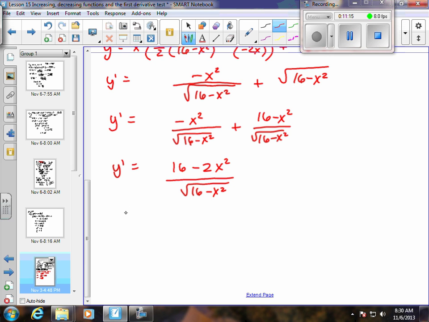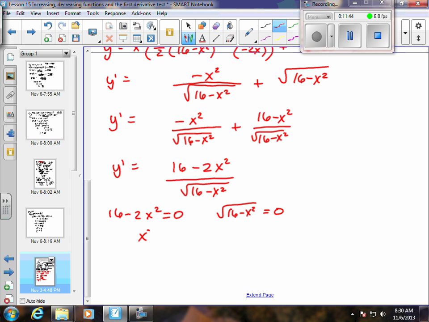To find the critical points, I determine where the derivative is 0 by setting the numerator equal to 0. I determine where the derivative is undefined by setting the denominator equal to 0. Solving the first part, I'm going to subtract 16 and divide by negative 2.